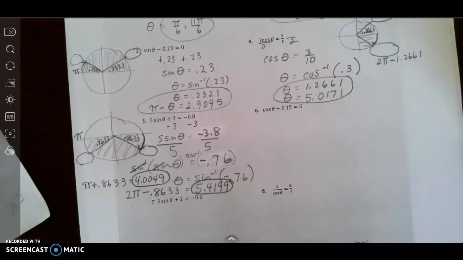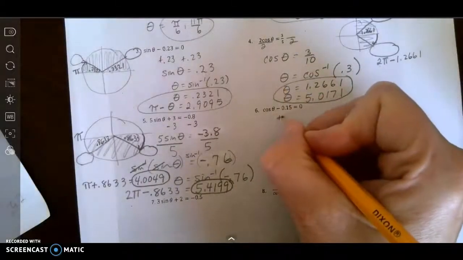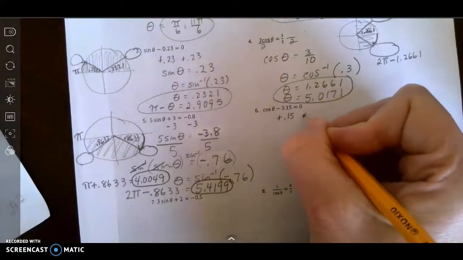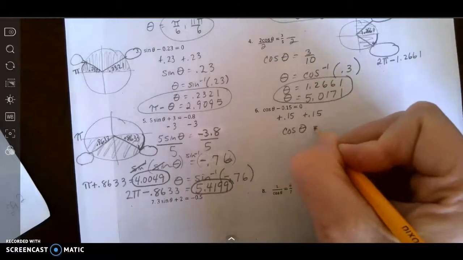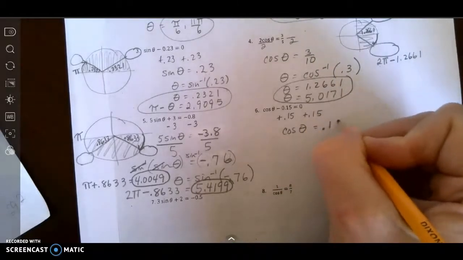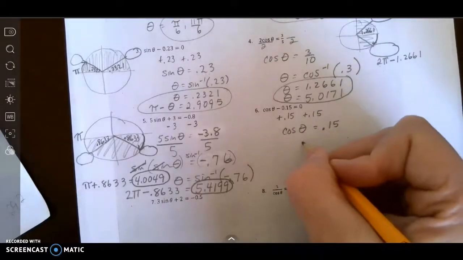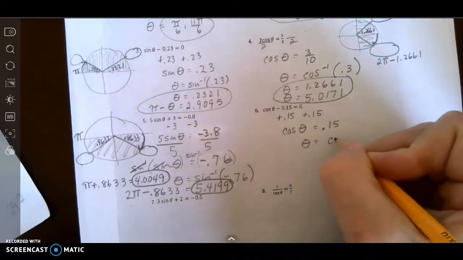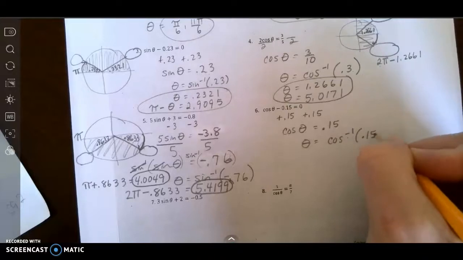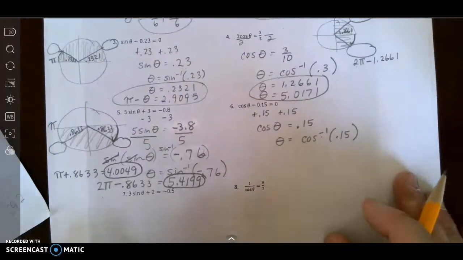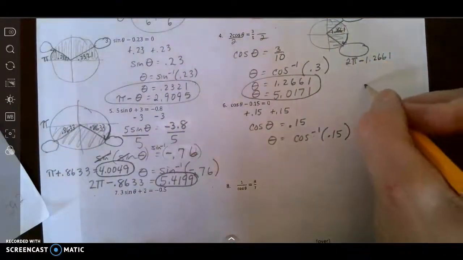All right, let's go to number 6. I'm going to add 0.15 to both sides, and I get that the cosine of theta equals 0.15. Take the inverse of each side. Theta equals the inverse cosine of 0.15. Where is cosine positive?